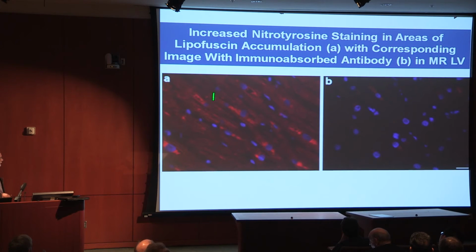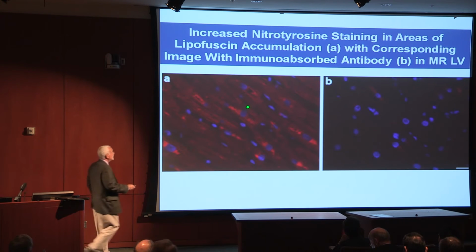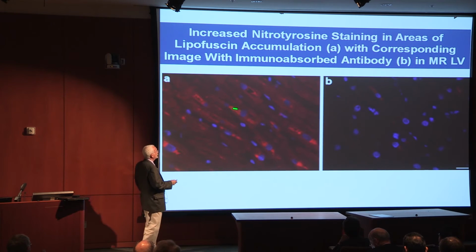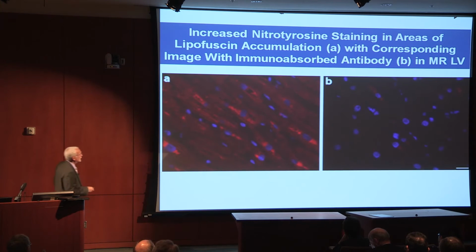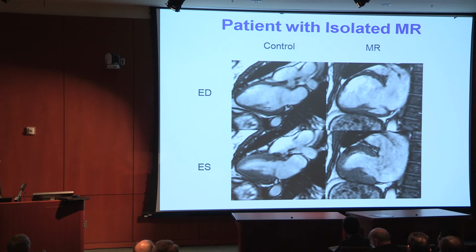And nitrotyrosine staining here, and this is the immunoabsorbed antibody, but this is really impressive. This here is autofluorescence due to, which we saw impressive examples of, due to lipofuscin accumulation, which is a marker of increased oxidative stress. Again, here is the human.